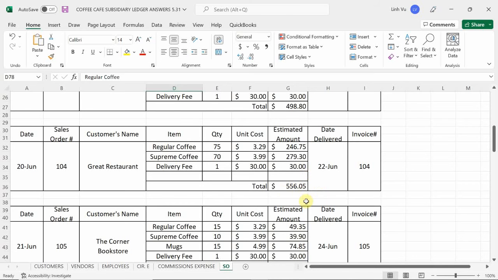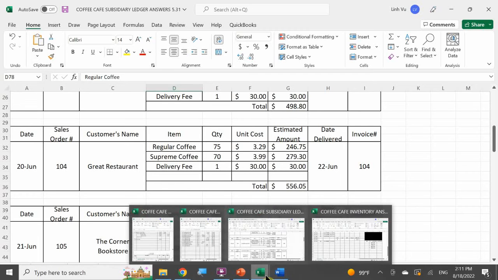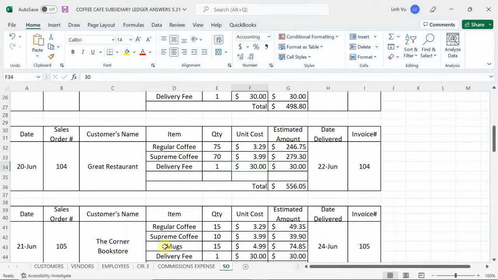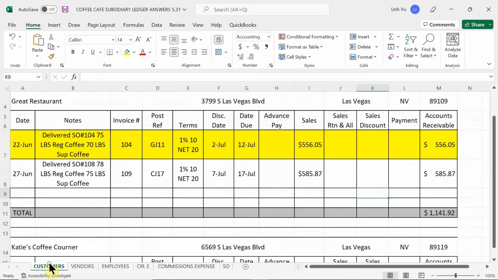So you'd be technically at 526.05. Yes. So what is 1% of that? The 1% of $526.05 is $5.26. So in this case, we're only allowing a 1% discount.